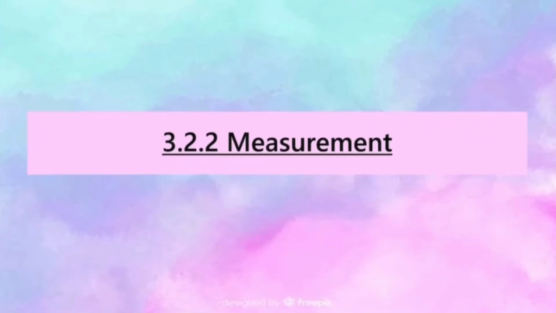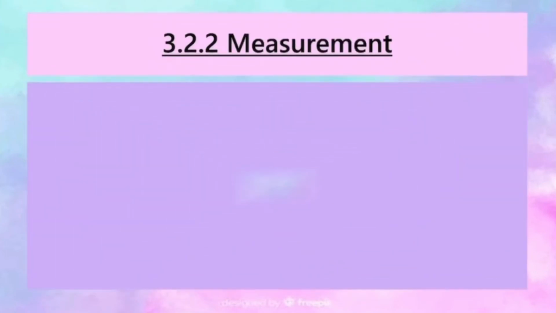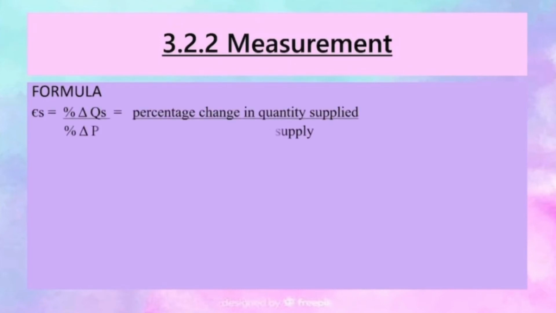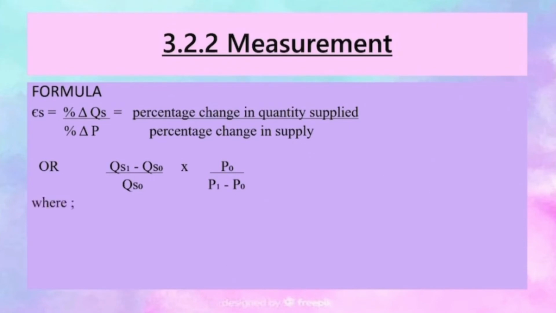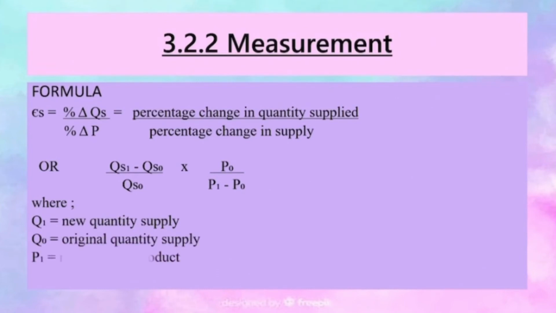The measurement formula that we use in this topic is percentage change in quantity supply divided by percentage change in price, or we call (Q1 - Q0)/Q0 multiplied by P0/P1, whereas Q1 is equal to new quantity supply, Q0 is original quantity supply, P1 is new price of product, and P0 is original price of product.